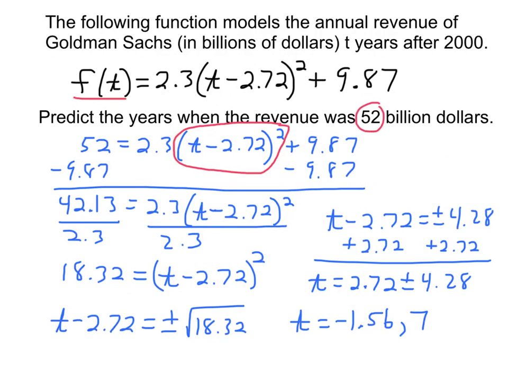So since these are measured in time from year 2000, this first solution means 1.56 years before the year 2000, and this second solution means 7 years after the year 2000. So we could say it would happen in the years 1998, that's 2 years before 2000, and 2007, 7 years after the year 2000.